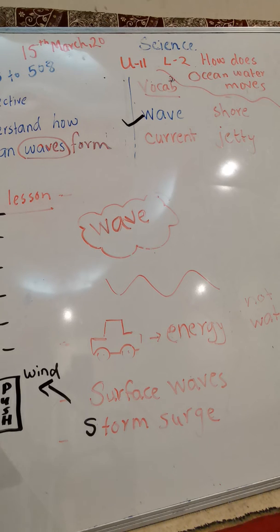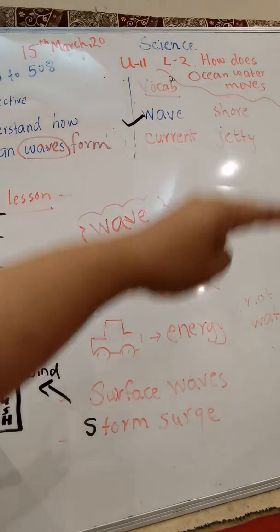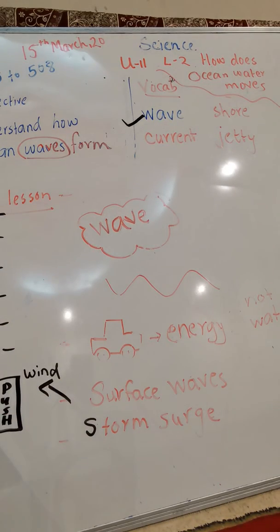Powerful hurricane winds produce much larger waves. Of course, when I say powerful hurricane winds, those are powerful winds. So they produce much larger waves. The waves are larger, okay? Which can cause a storm surge. So this is a new word for you all to know.